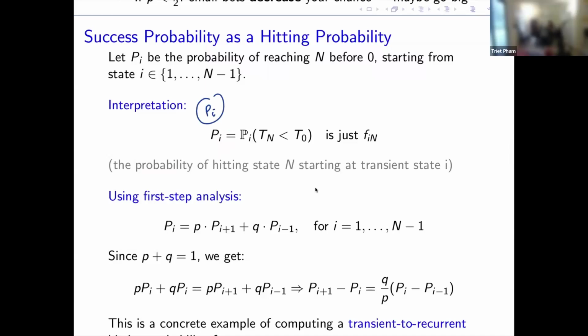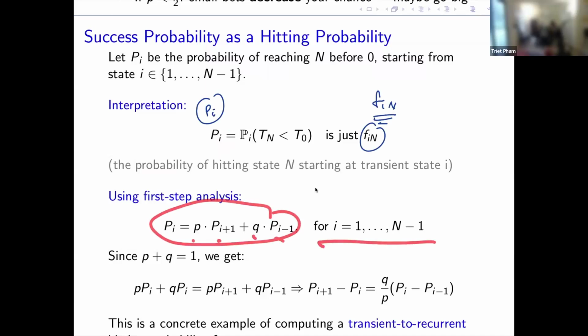This is just a notation. It really should be looked at as f_iN, the probability of getting absorbed to N from i. And the first step analysis says, well, go to the right and go to the left accordingly.